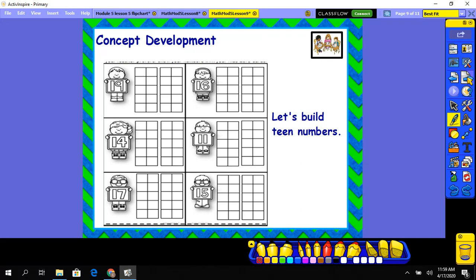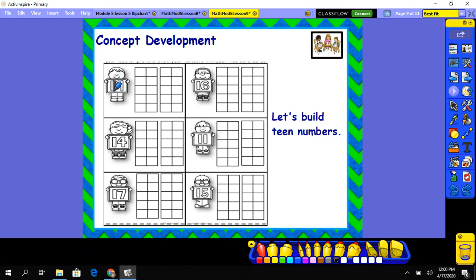Do you see the 10 frames? Let's build our teenage numbers as pictures inside these 10 frames. I have to remember that my teenage number is a group of 10 with some left over. This 1 does not mean 1.